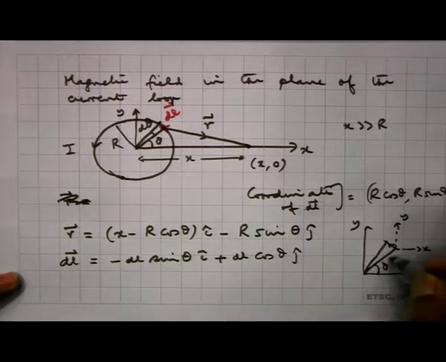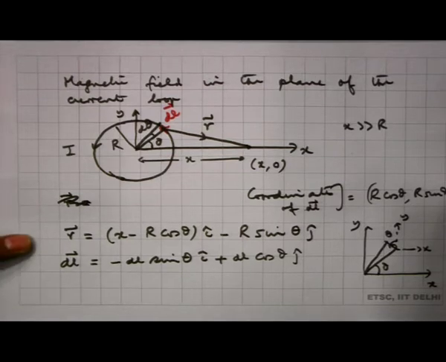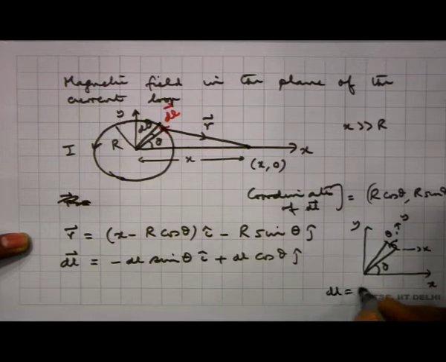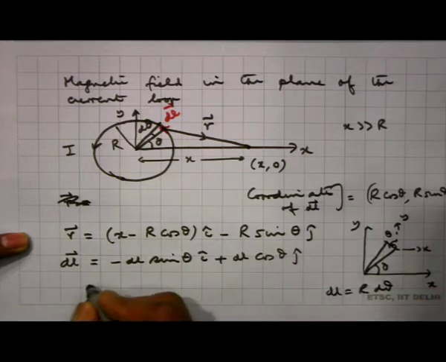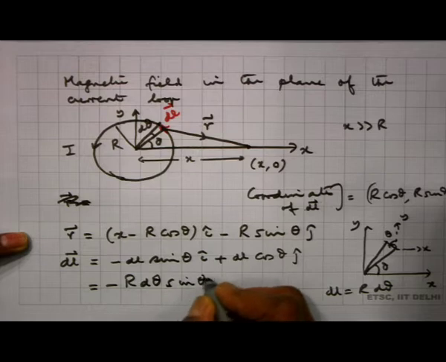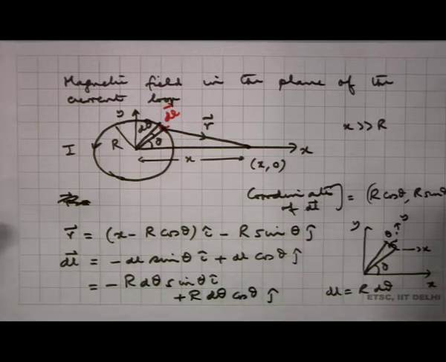This line is perpendicular to this line, and so this angle is theta. If this radius is r and this angle is d theta, dl is nothing but r d theta. So, this is equal to minus r d theta sin theta i cap plus r d theta cos theta j cap.